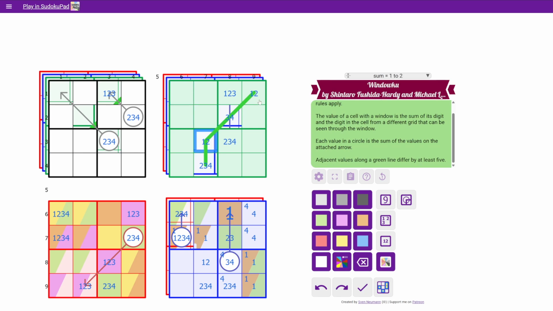If these two were the same number, they would not be on the line. But the other one could be.